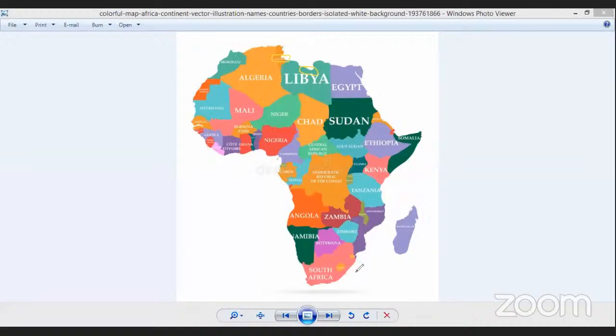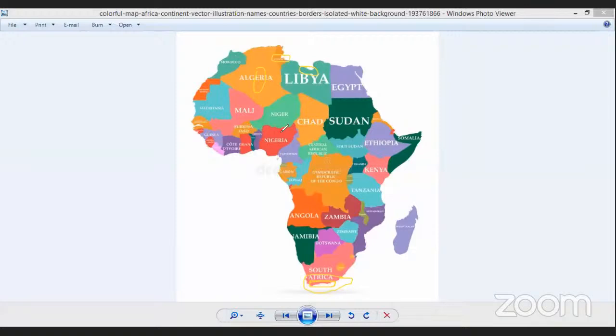It covers countries like Algeria, Tunisia, and Libya. So members, when they ask you to draw the map, make sure you can easily locate the Mediterranean vegetation. Then at the other extreme of the map of Africa, it is found around South Africa, particularly Cape Town.